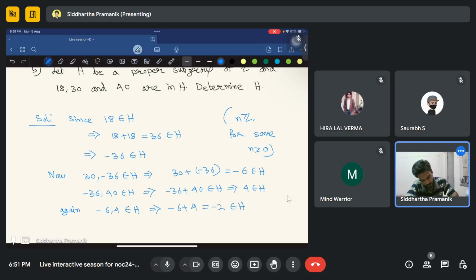That will imply its negative, which is 2 itself, belongs to H.